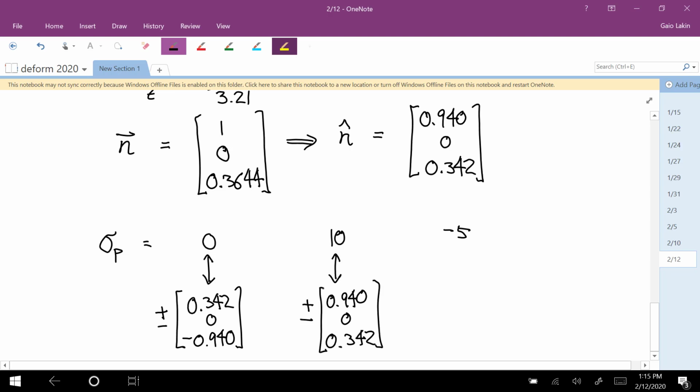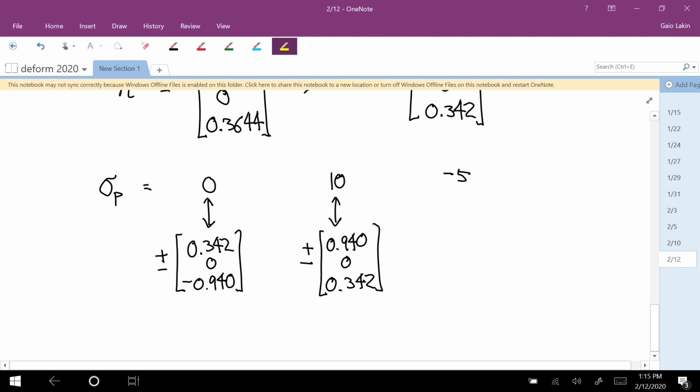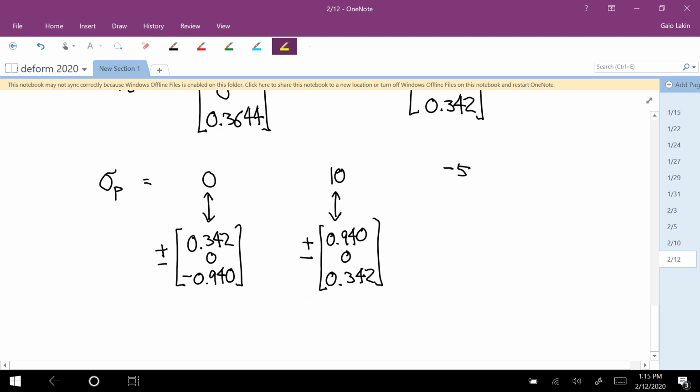And we haven't done this one yet. We don't have to, but let's think about some of the possibilities here.